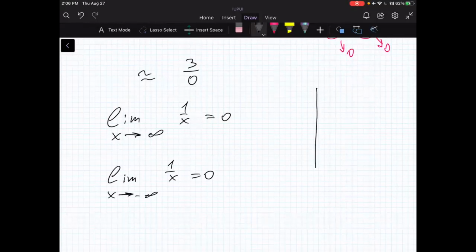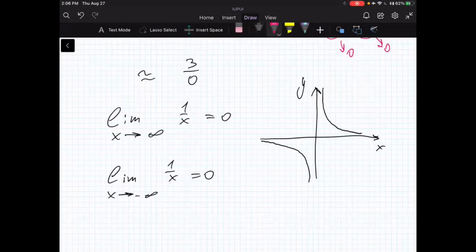If you look at the graph of your function, the hyperbola, you will see that it looks like this, and for the negative side, it looks like this. You see what happens when x goes to plus infinity: the value of y goes to 0.